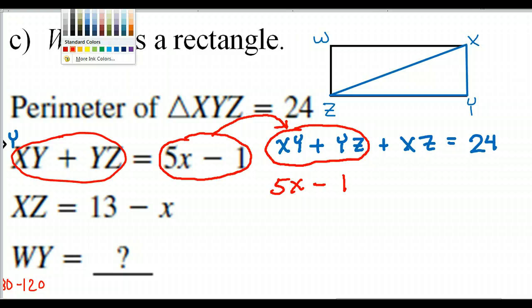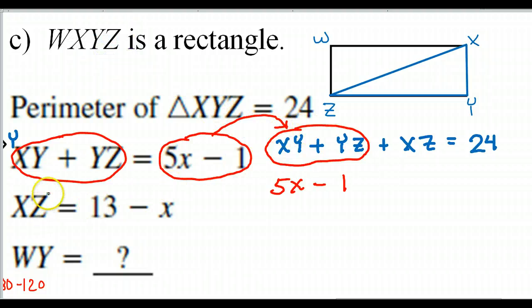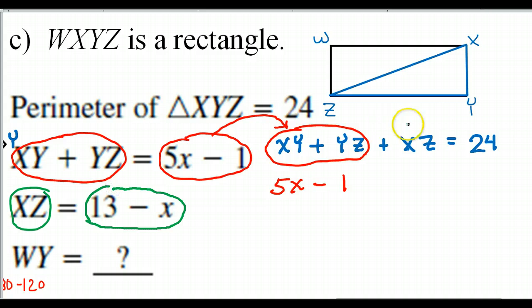Now they also gave us another substitution to make. They told us that XZ is equal to 13 minus x. Well, XZ is right here. So if I want to, I can replace XZ with 13 minus x.